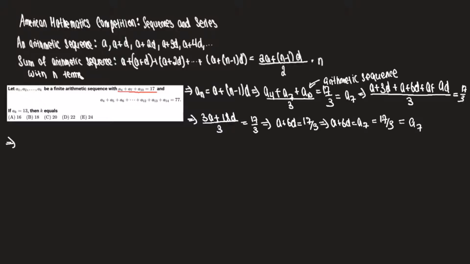So we know this is A7, and by the same token, if the average of the arithmetic sequence is the middle term, then the average of A4 plus ... plus A14 equals 77. Well, first, let's count.